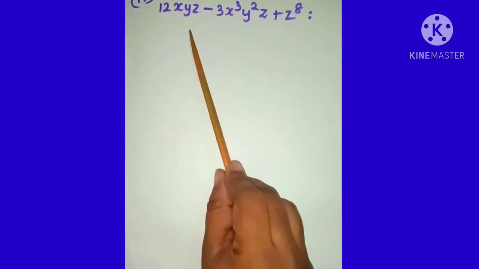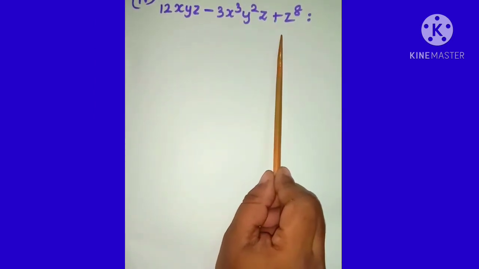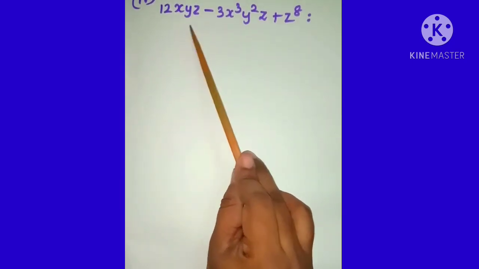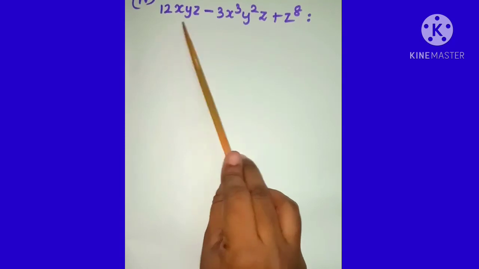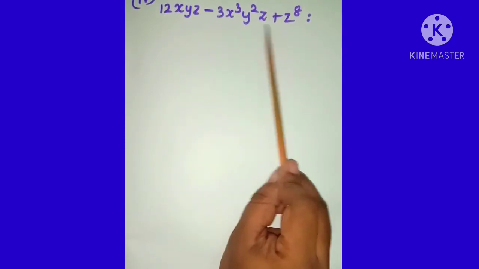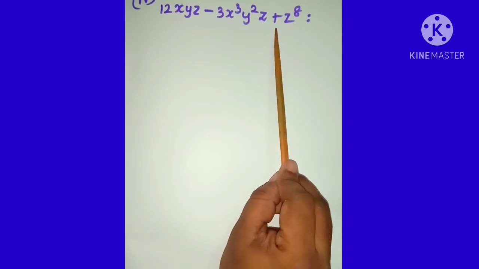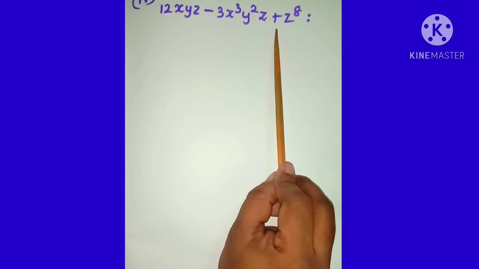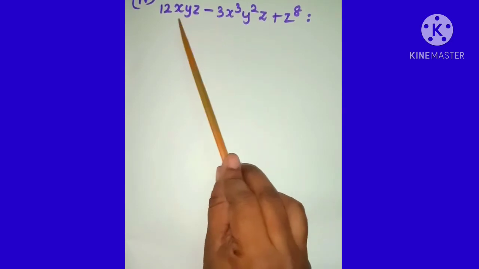Students, here, how many terms are given? In this expression, there are 3 terms: 1, 2, 3. Terms are separated by the algebraic operations. Here minus and plus are the algebraic operations that separate the terms.